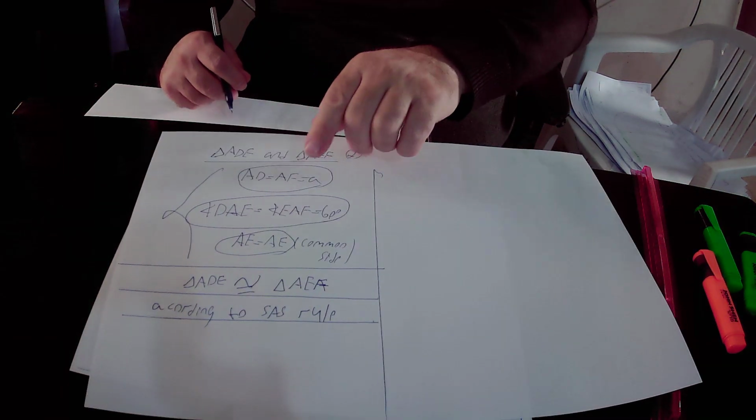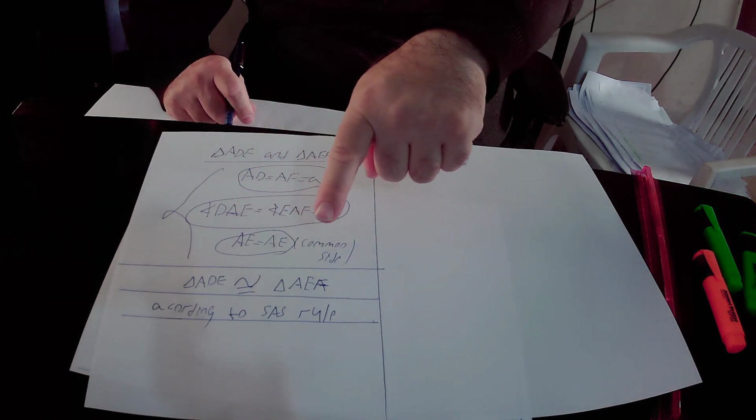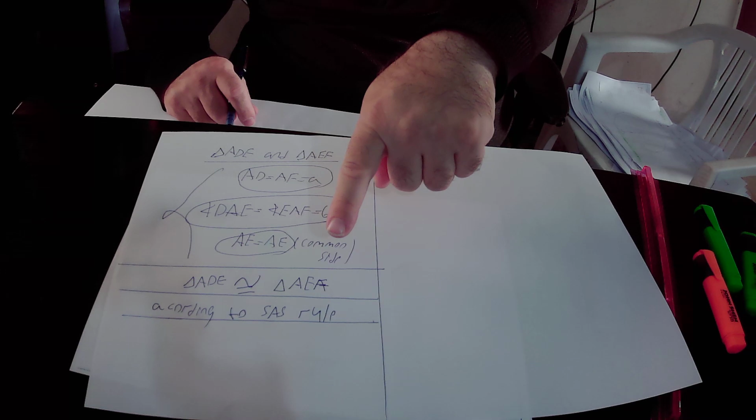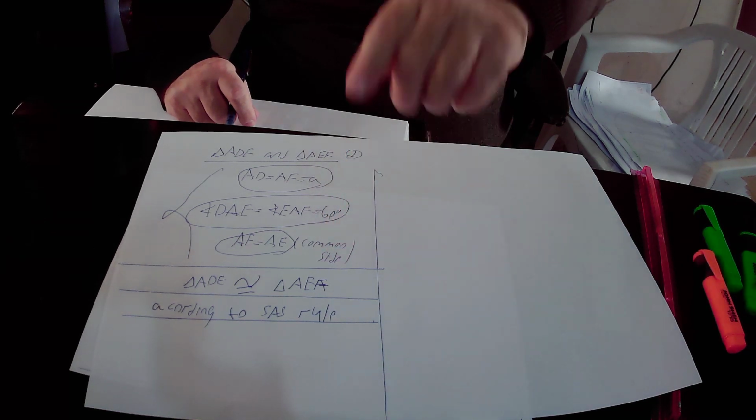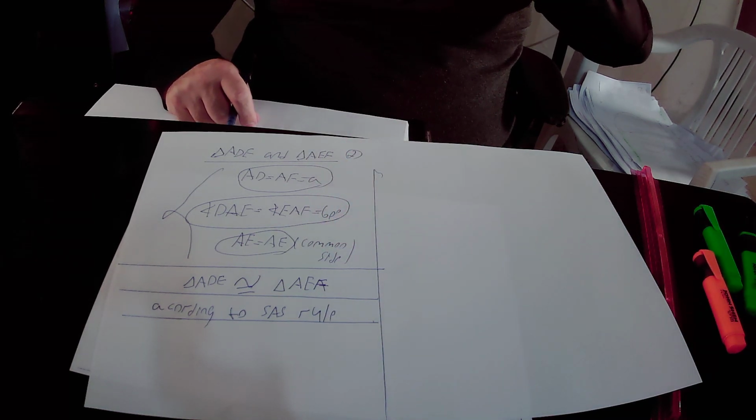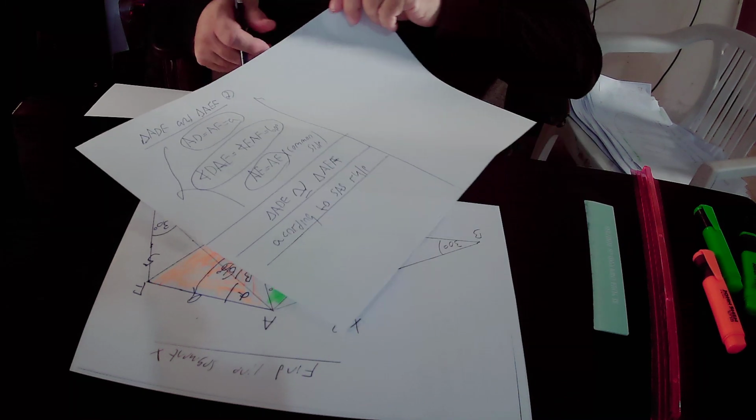Repeat again, the green triangle ADE is congruent to the orange triangle AEF, according to the side angle side rule. I'll explain what I mean.